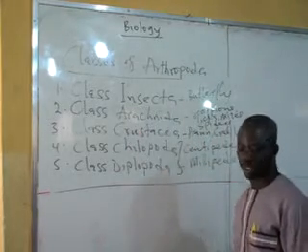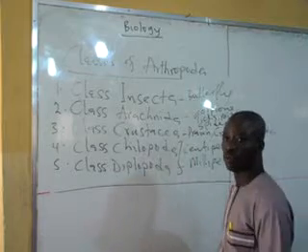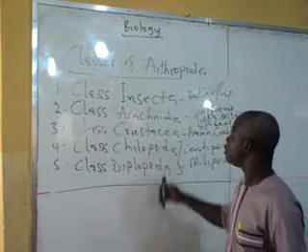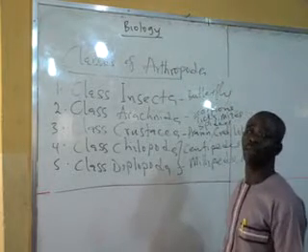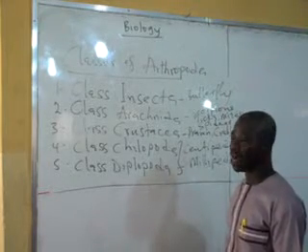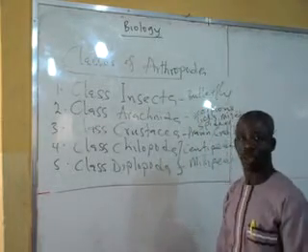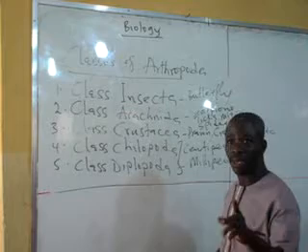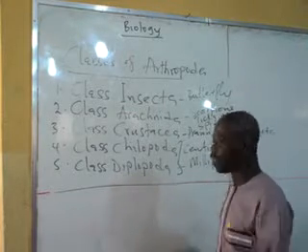Before I continue, I will remind you that when you are writing names in terms of classification of organisms, the word Arthropoda is a technical term in biology. And I've told you the difference between Arthropoda and arthropods. When you say arthropods, you are just speaking English. But when you say Arthropoda, you are mentioning a name that has to do with classification.